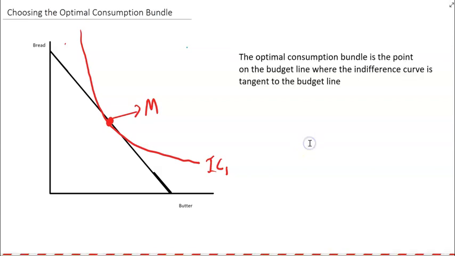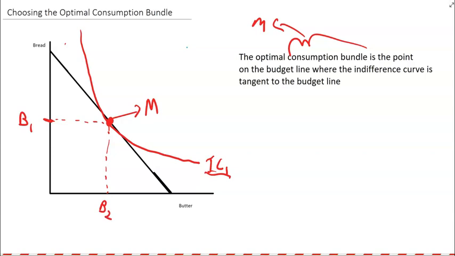So the optimal bundle that we just found is the bundle M. This is the point where the indifference curve just touches the budget set. The optimal amount of bread consumed is this point, so let's call it B1. And the optimal consumption point for butter is going to be, let's say, this amount, which is B2.